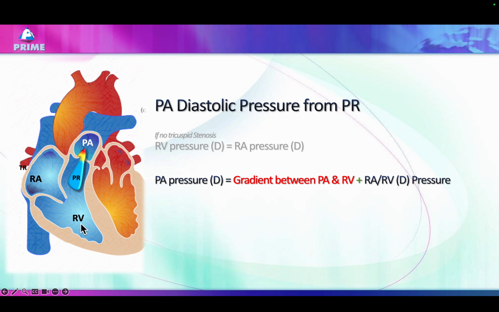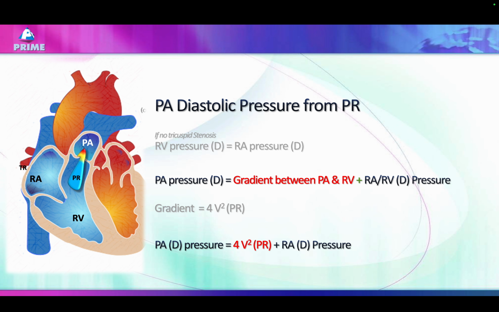This is pulmonary regurgitation, and the formula is the same modified Bernoulli formula to calculate the gradient between the two chambers, and the way is 4V square of the pulmonary regurgitation, whether it's peak pulmonary regurgitation or end diastolic pulmonary regurgitation. So PA diastolic pressure is 4V square of the pulmonary regurgitation plus the RA pressure in diastole.